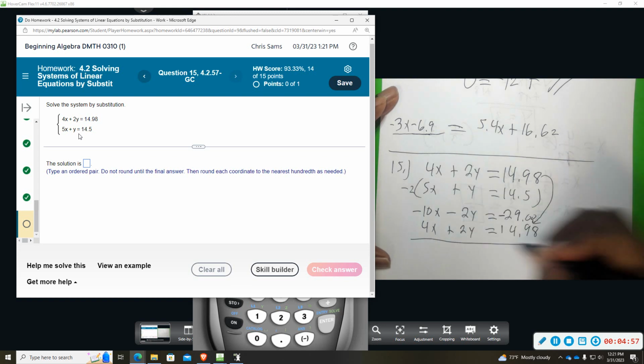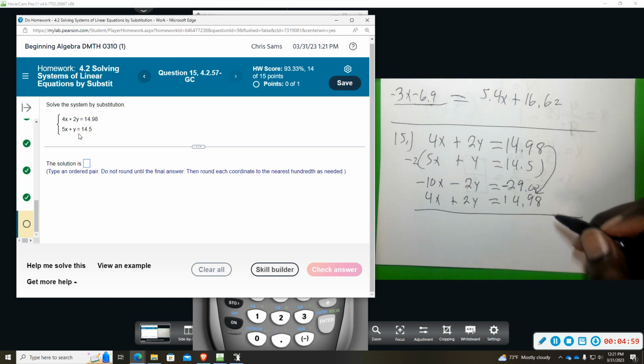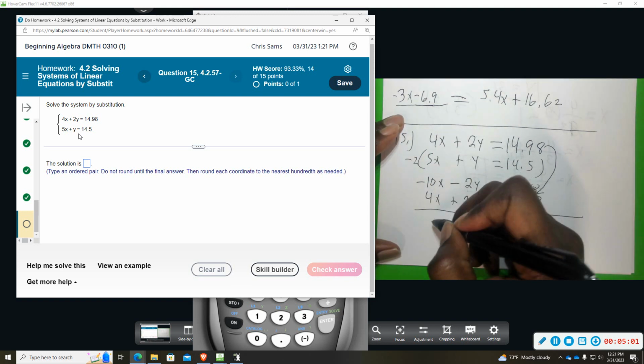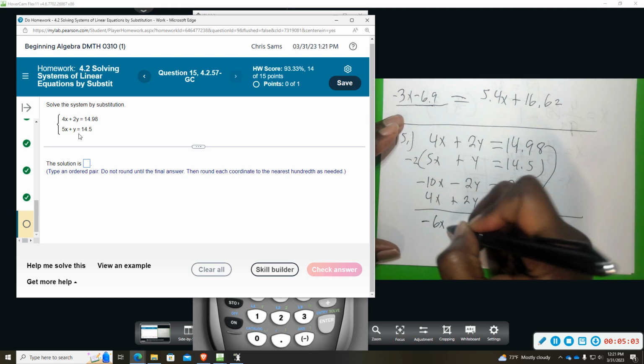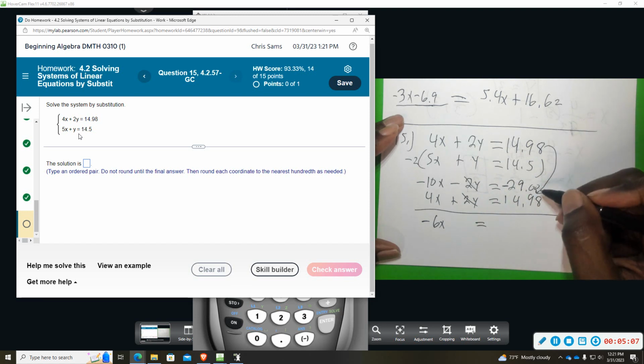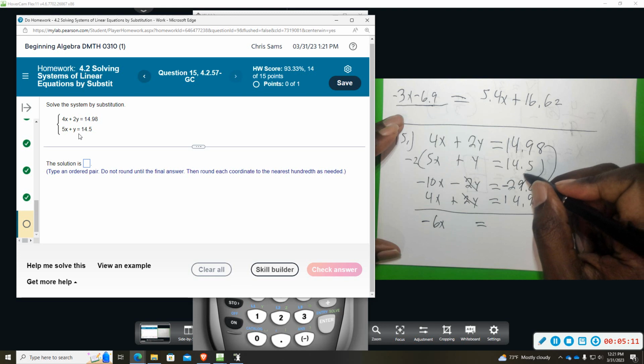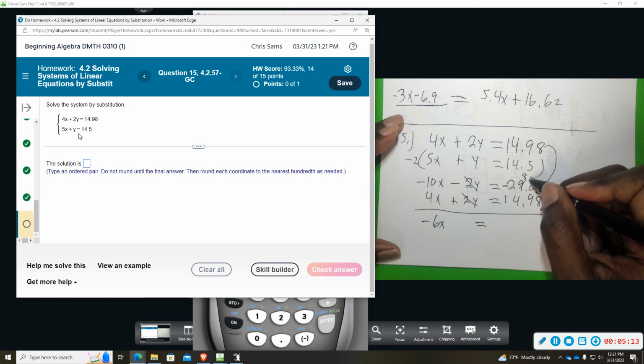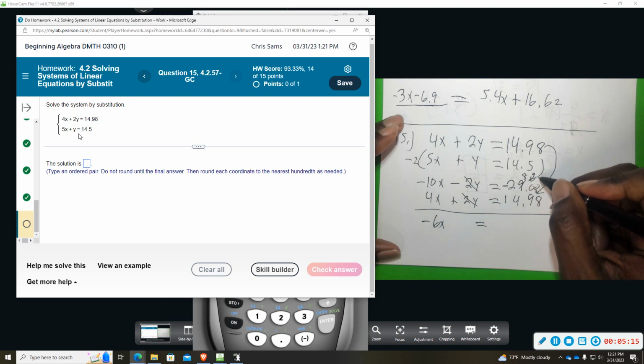All right, I'm going to add these two equations up now. This is going to give me negative 6x. These are going to get eliminated. Equals, I would have to borrow. This becomes an 8, 10, borrow 1, becomes a 10.